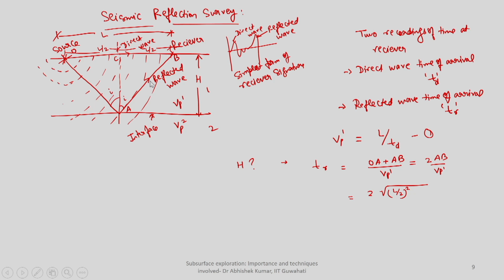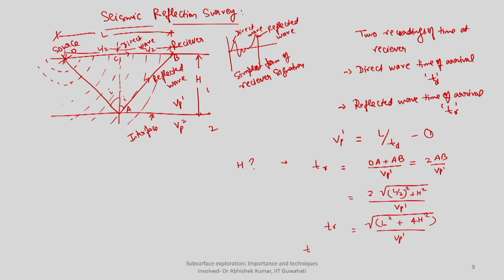So, L by 2 square plus H square, that will be the length of AB divided by Vp1. Take this 2 inside the square root, so that will be square root of L square plus 4H square, divided by Vp1. So, Tr.